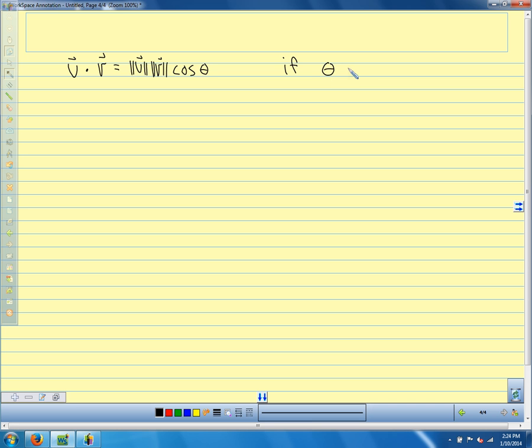What if theta equals 90 degrees? What's our dot product? Cosine of 90 is 0. If theta equals 90 degrees, u dot v equals 0.